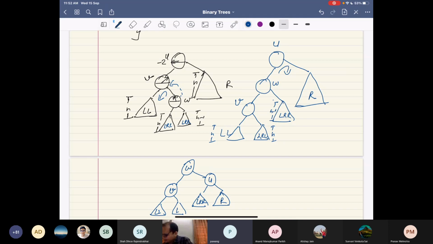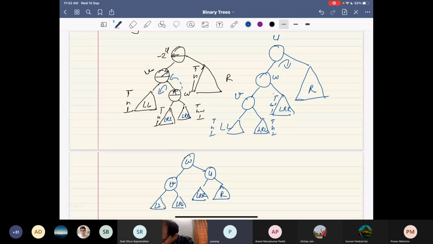Let's just quickly do the checks. V has a balance factor of 0, both are h. U was h-1 and this was h, so U has a balance factor of +1. And what about W?